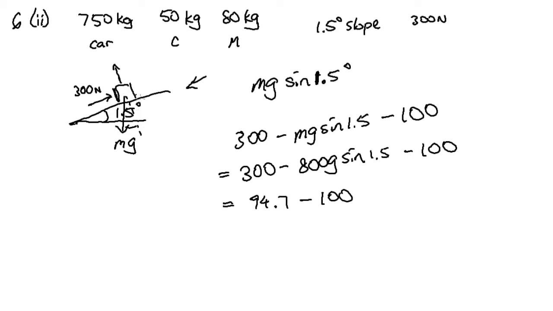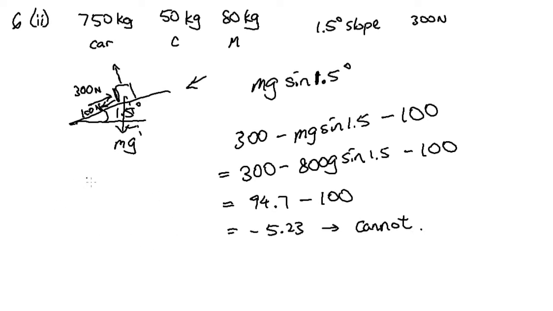So also draw a resistance force of 100 newtons, and if you subtract 100, it gives you a negative value, which means that he cannot push the car up the slope. I just say cannot.